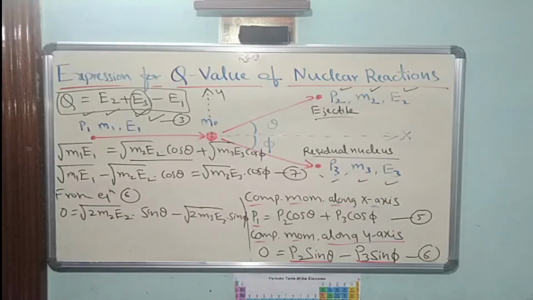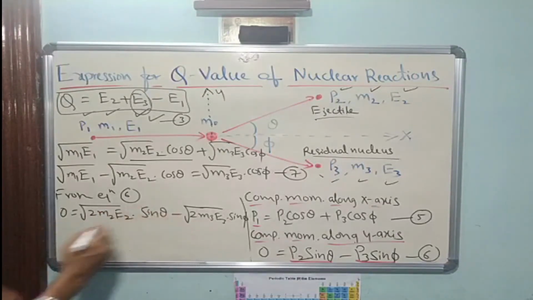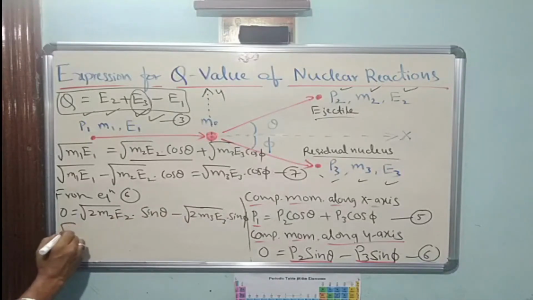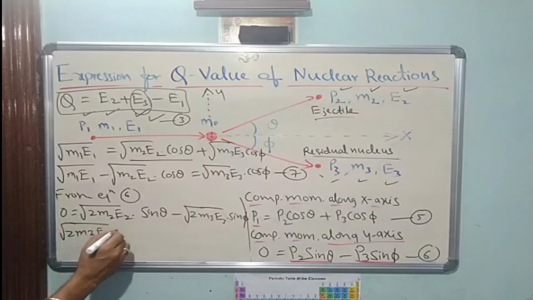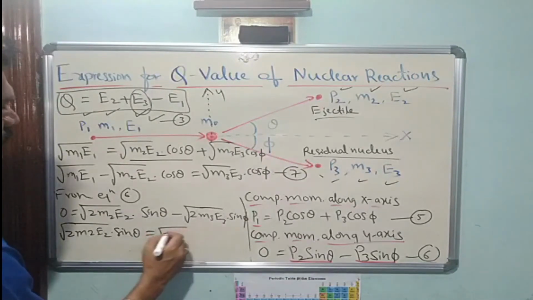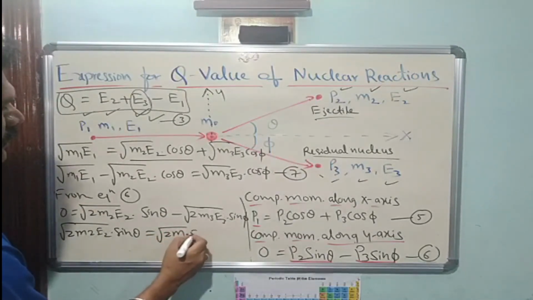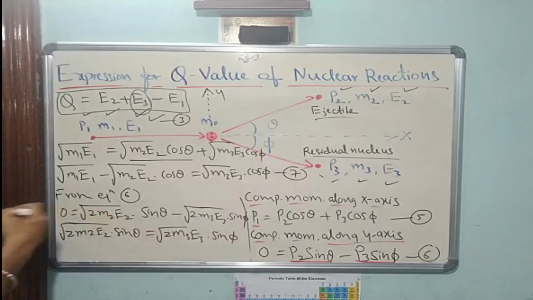Clear? Okay. Now take this simplification of the equation, as minus is there, isn't it? So you just take it as square root of 2m2 E2 into sin theta is equal to square root of 2m3 E3 into sin phi, because we have 0 on the other side.